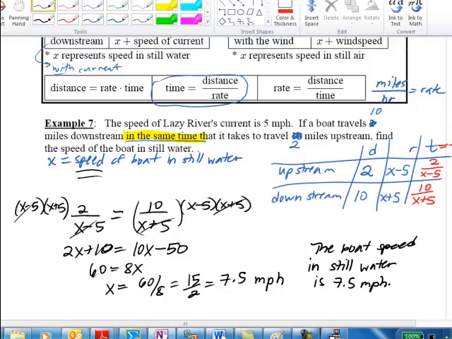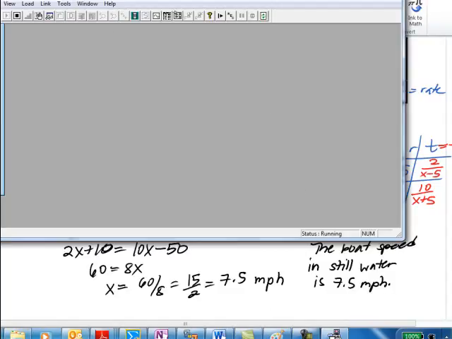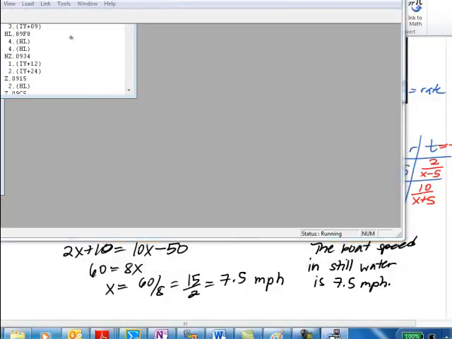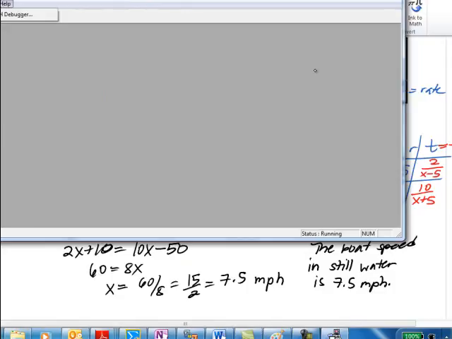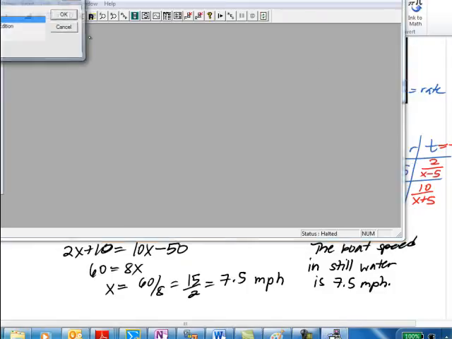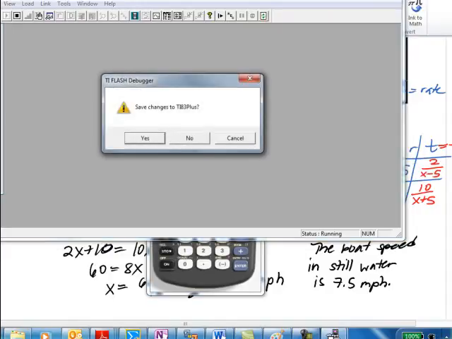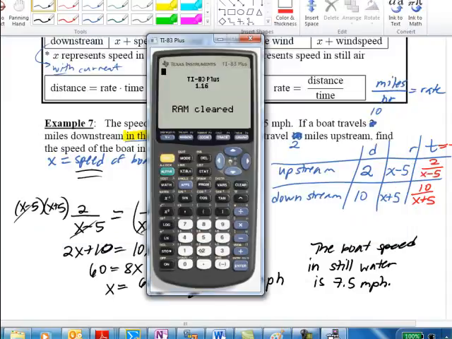So if you did 2 over 2.5, from the 2 over x minus 5, that should be the same as 10 over 12.5. We get 0.8 for both, so it looks okay.